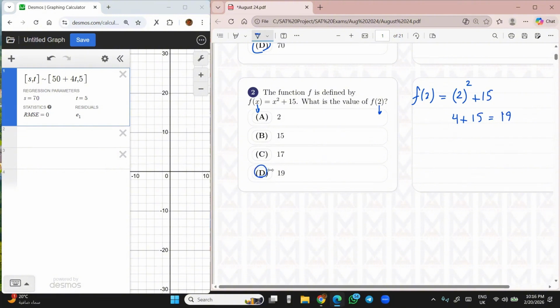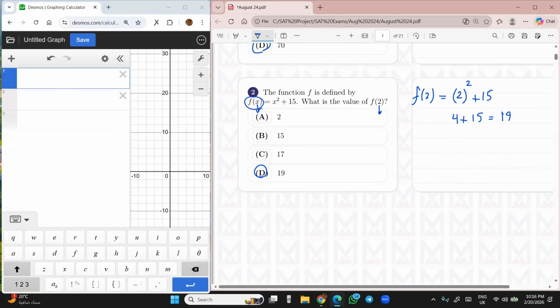You can also consider writing this on Desmos. Considering f of x as y, you can write y instead of f of x, but if you write the square brackets like this, you need to always consider x and y as x1 and y1. So instead of y, which is f of x, write y1. And then go to the right and write x squared, but x1 squared.